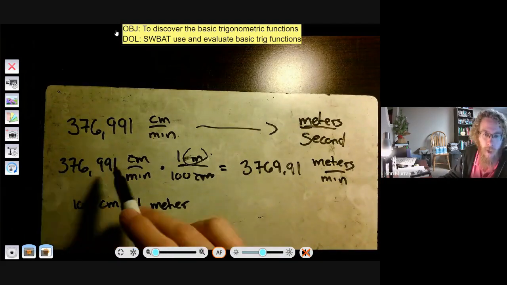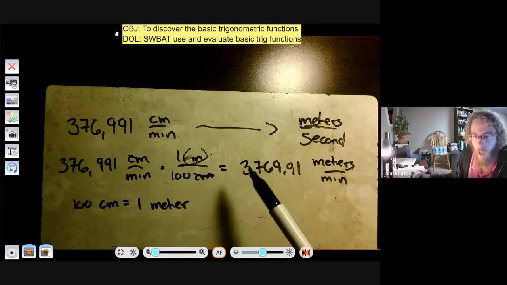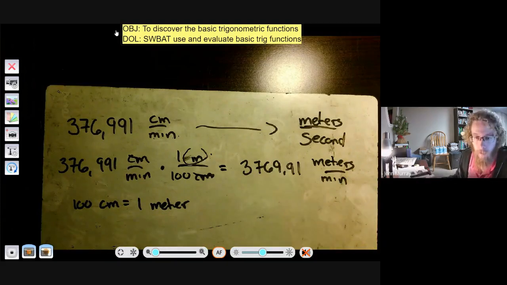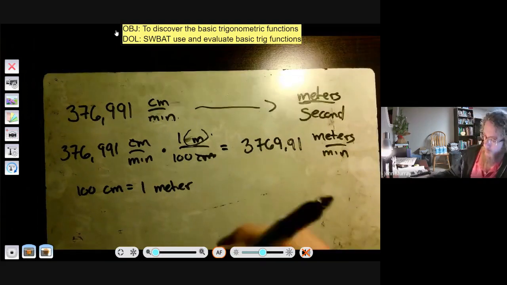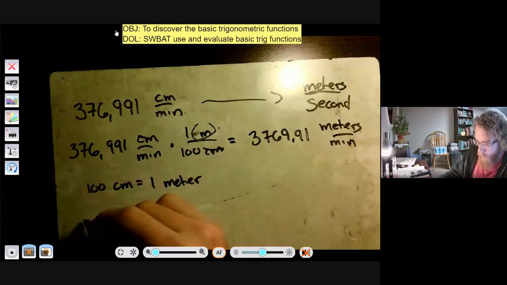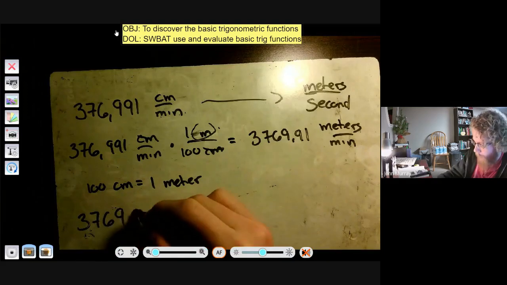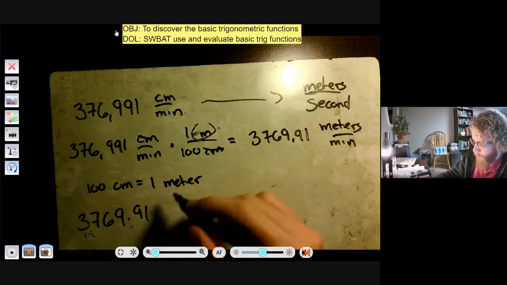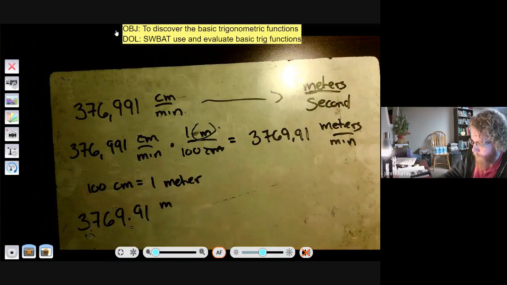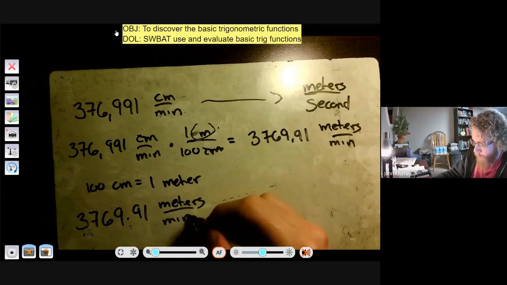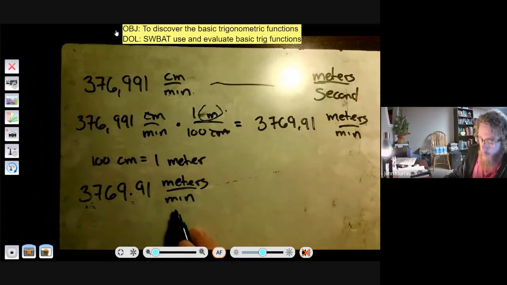So 376,991 centimeters a minute is 3,769 meters per minute. Then we want to do a similar thing to the minutes.